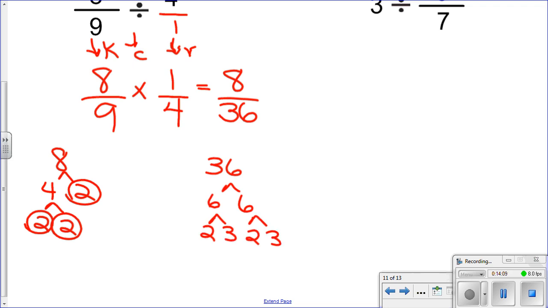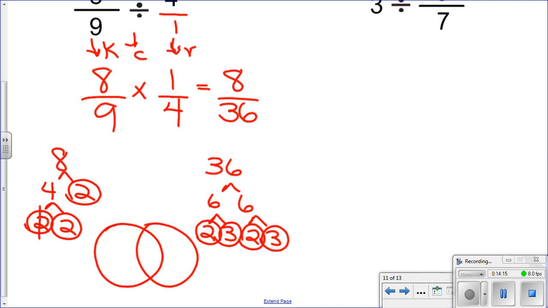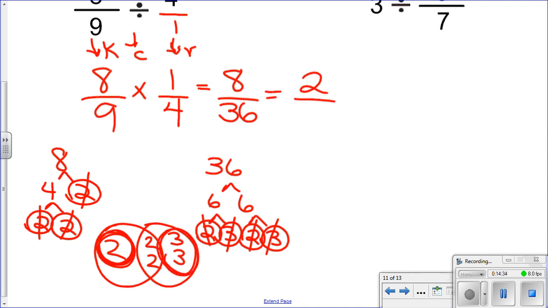You guys have become very proficient with your Venn diagrams. Use them. They help you. 2 matches with 2. 2 matches with 2. This 2 does not match, and these 2 3s do not match. In order to simplify this fraction, this is now your numerator. This becomes your denominator. So 8/36 simplifies to 2 over 9.